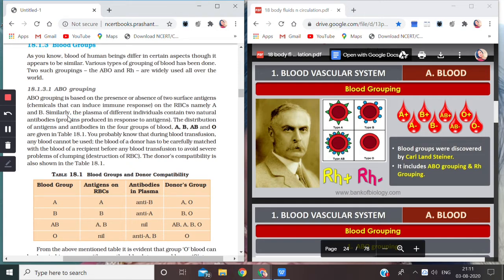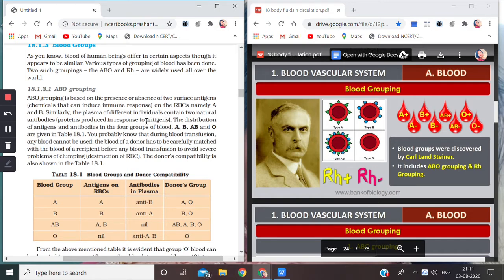The antibodies will produce a response to antigens.